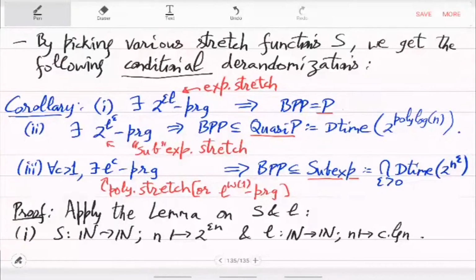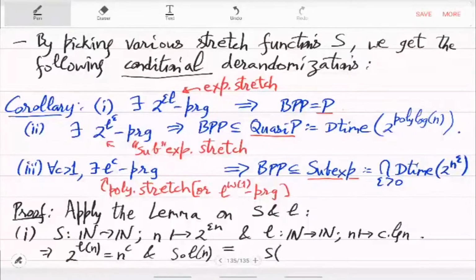And then when you apply this S on L, you will see that you will get the following. 2 raised to L of n is equal to n to the C, and S of L of n is equal to S of C log n, which is equal to 2 raised to epsilon C log n, which is n to the C epsilon. So both 2 raised to L of n and S of L of n are both polynomial in n.